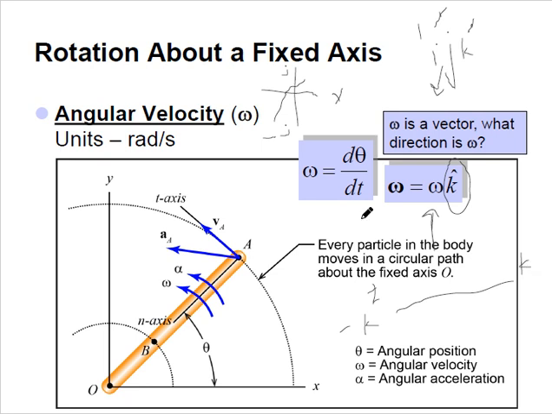Alright, so an example would be a spinning bicycle wheel. It has angular velocity. When you look at the bicycle wheel, it looks like this, right? Bicycle wheel spokes are like that, and there's a fixed center axis right there. It's going to go around that fixed center.